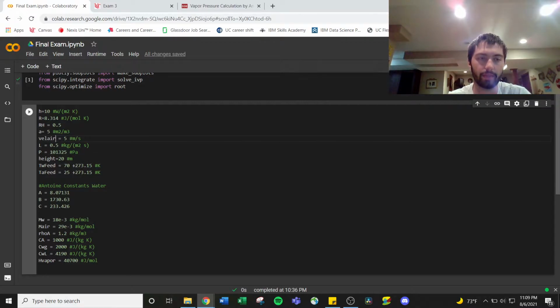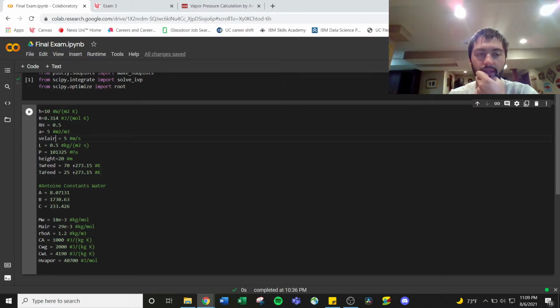The pressure is given in pascals to be 101.325. The height of our cooling tower is 20 meters, and the temperature of the water feed going in to the cooling tower is 70 degrees Celsius, and then we'll add 273.15 to go to Kelvin. And the temperature of our air coming in the cooling tower is 25 degrees Celsius, which will add 273.15 to go to Kelvin.